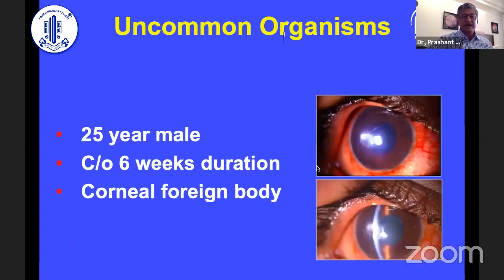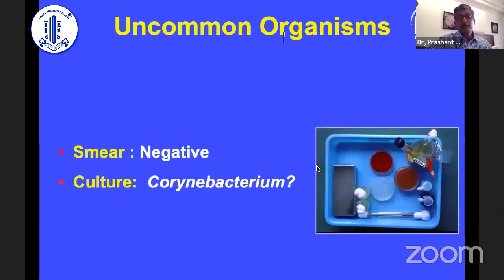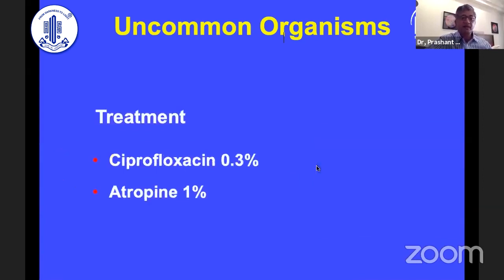Let me now end by showing you a case which highlights another dilemma that we face, that many times you start an appropriate therapy and still the patients do not benefit. This was a 25-year-old male who presented with a 6-week history following a corneal foreign body removal. We did corneal scraping, the smears were negative, and culture showed a growth of Corynebacterium on one medium.